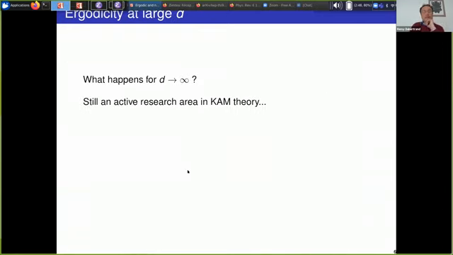The idea of today is to go instead and visit the large dimension of the phase space. And already there, my understanding, with my limited knowledge, is that this is still an active research area in KAM theory.